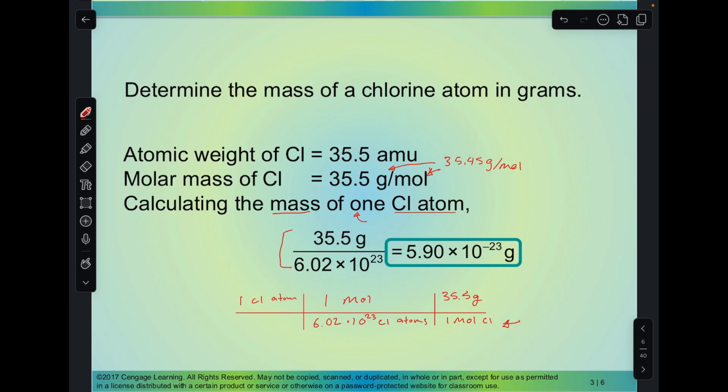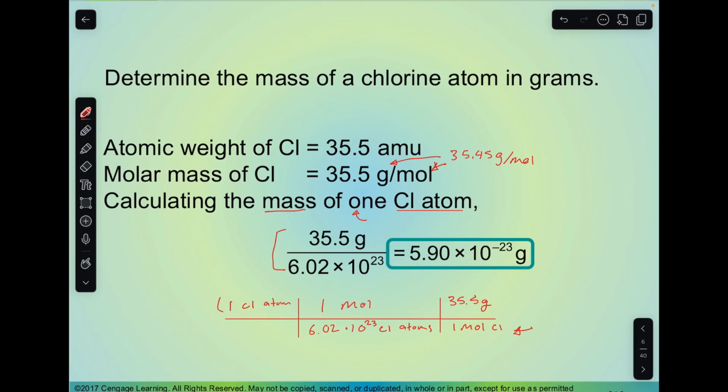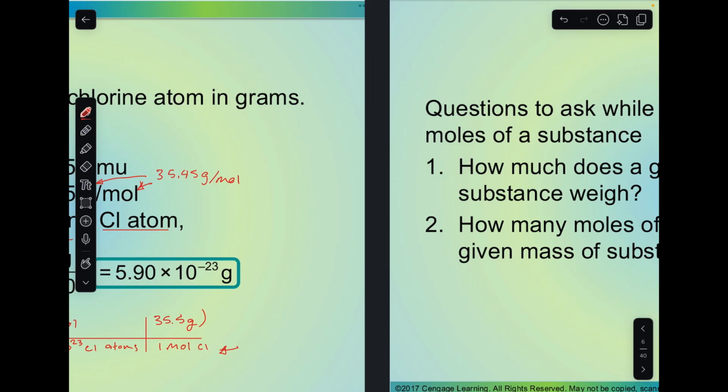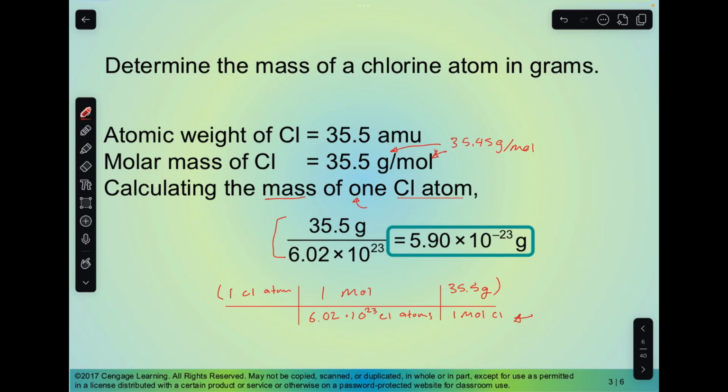And so this we will multiply by the top, divide by the bottom, multiply together, and we end up getting 35.5 grams. And we'll divide that by, everything else should cancel out. Atoms are canceled, moles are canceled, and so we just have 6.02 times 10 to the 23rd.